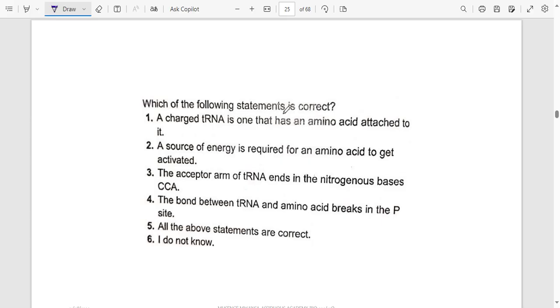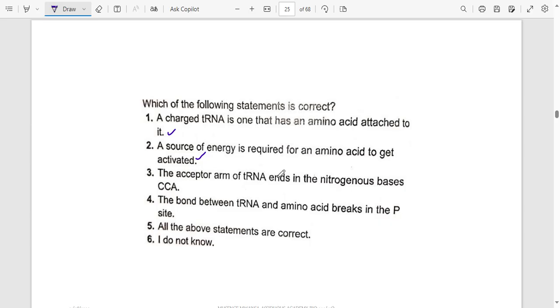Which of the following statements is correct? A charged tRNA is one that has an amino acid attached to it. Is that true? Is it true or false? It's true. Okay. A source of energy is required for an amino acid to get activated. Is that true?